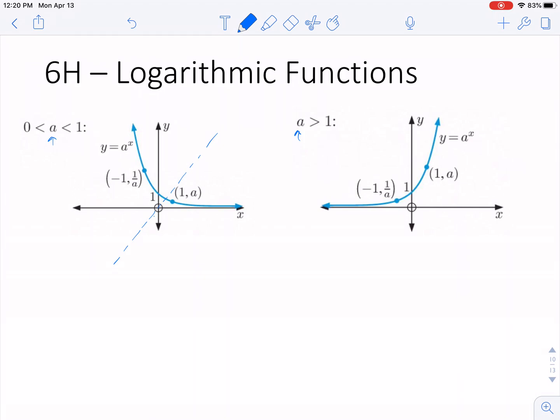So 1 over a and negative 1 is here. And then a and positive 1 are here. So we end up going like this. There's our reflection. Okay? Do I have that right in the right spot? I don't think I do.